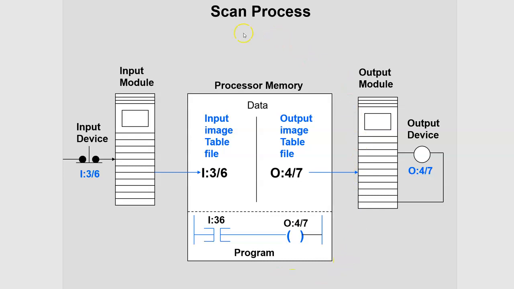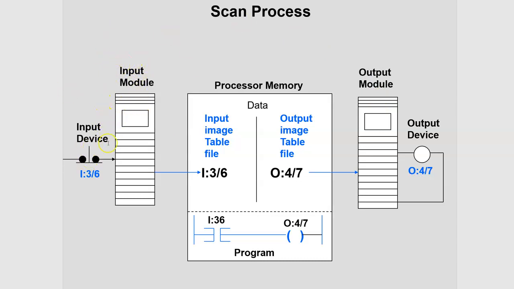So this is all virtual stuff. This is hardware, and this is hardware. Anything to the left of the input module is hardware. Anything to the right of the output module is hardware. So let's look at this.